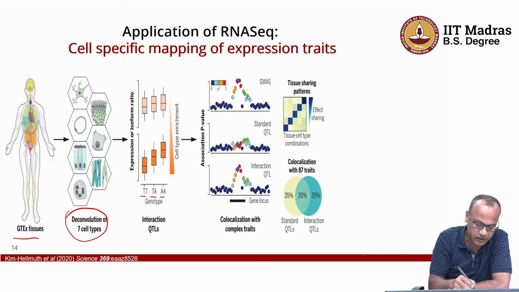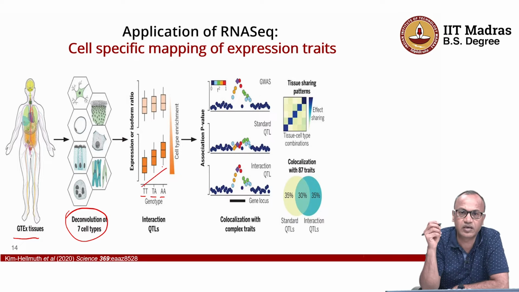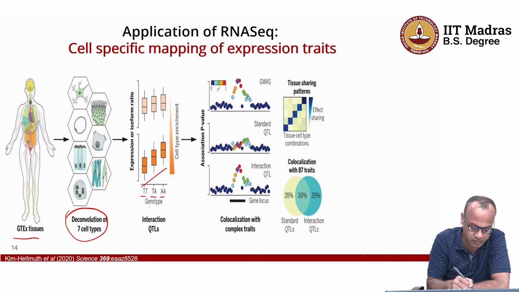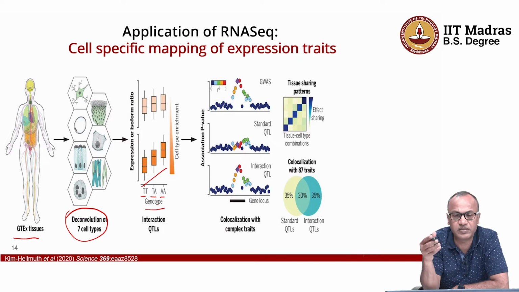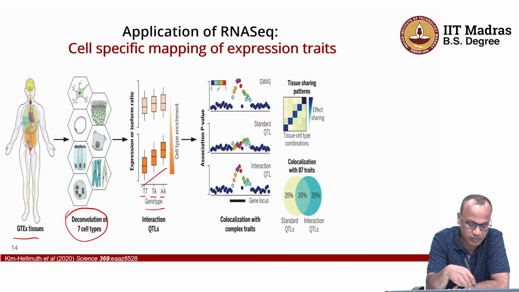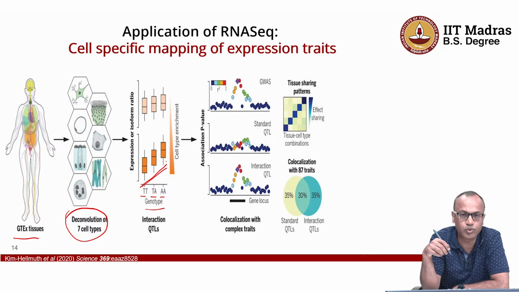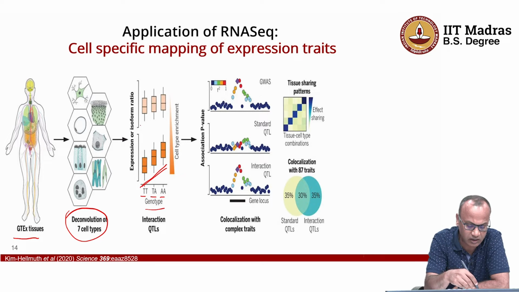We can check whether there is a difference in expression of a particular gene based on the genotype, as we saw previously that when the genotype changes, the expression could change. In some tissues you will see a genotype dependent expression difference, in others you will not.